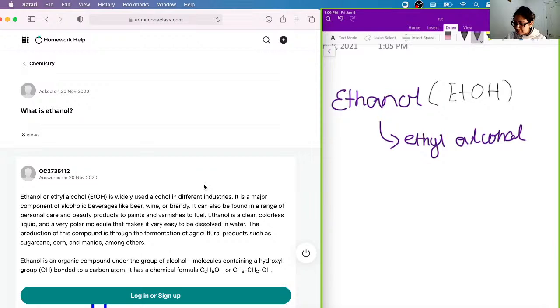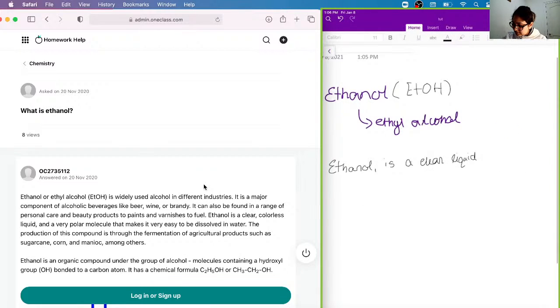And ethanol is basically a clear liquid, and it is a very polar molecule.